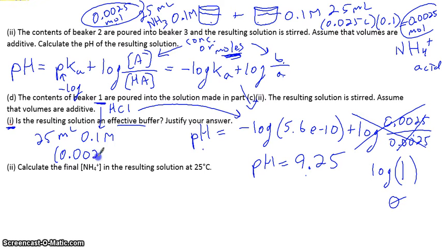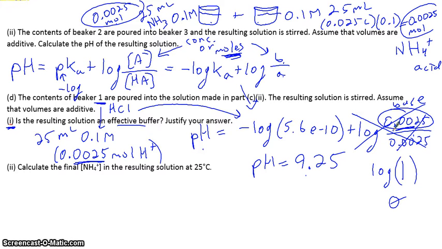So you have 0.0025 moles of strong acid in beaker 1, which means our buffer is able to neutralize it. Remember, this is the base of our buffer, which is able to neutralize it, but notice how the amounts match up. If the amounts match up, that means both of them completely cancel each other out.